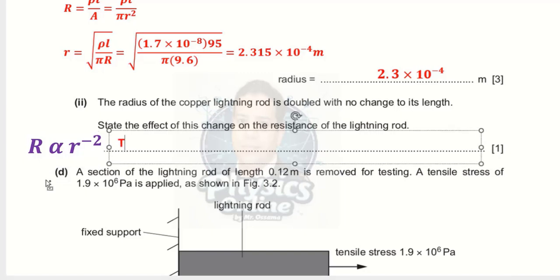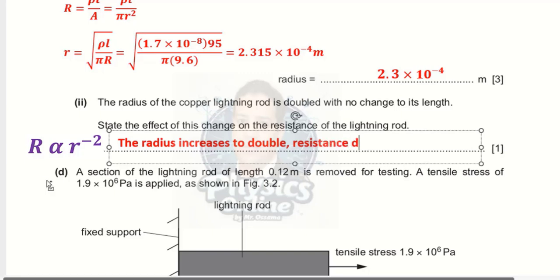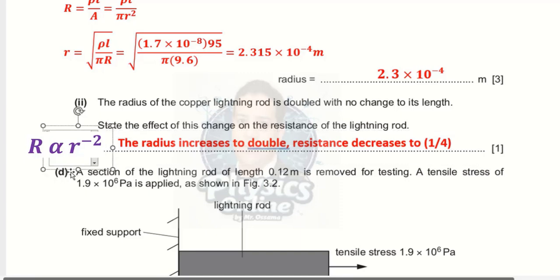So when the radius increases to double, the resistance decreases by a factor of 4. Because we have a square, the resistance decreases to a quarter.